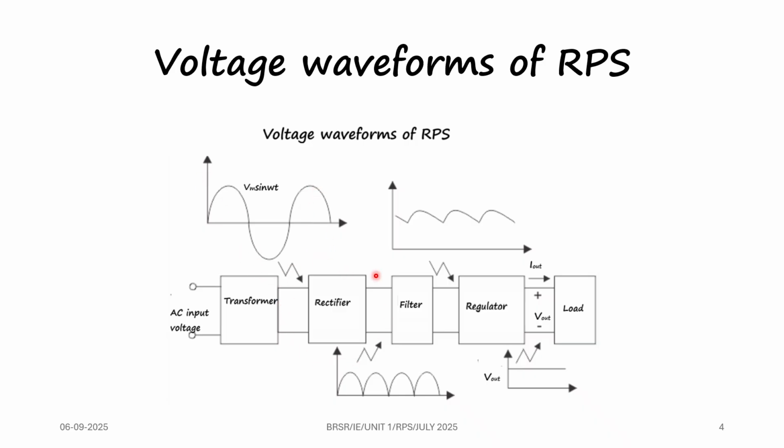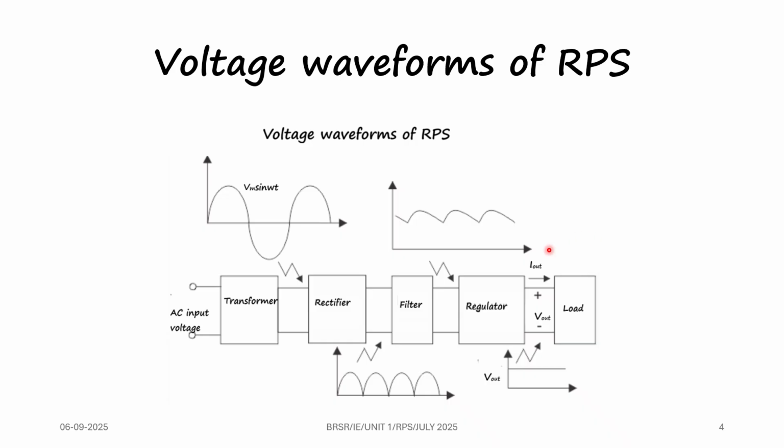The rectifier converts the AC input voltage into a unidirectional voltage, which is also referred to as a direct voltage, but it has ripples, and these ripples are filtered using a filter circuit, and the output has fewer ripples as shown here. Then the voltage, which is a unidirectional voltage with some ripple content, is given to the regulator, and from the regulator we get a pure DC voltage which is given to the load.